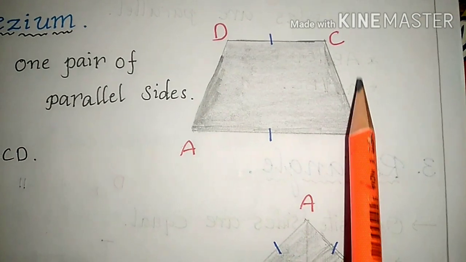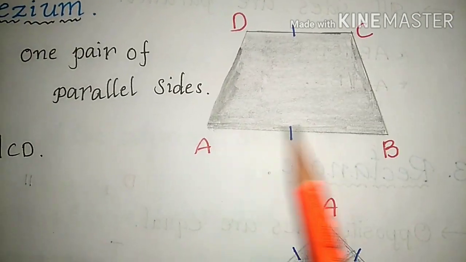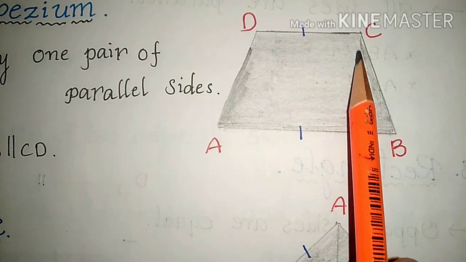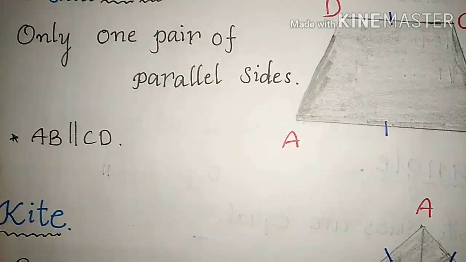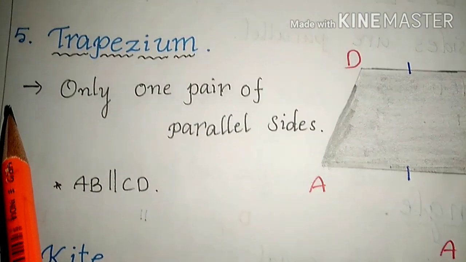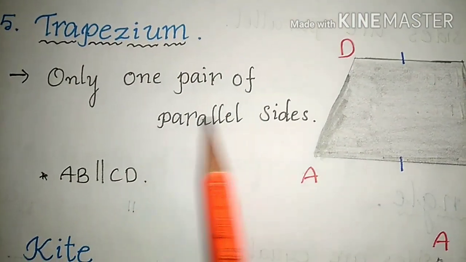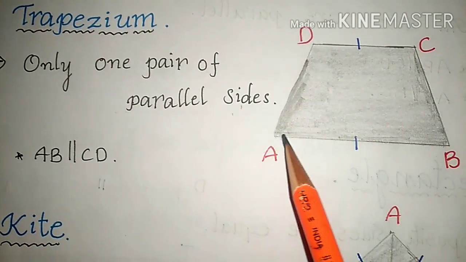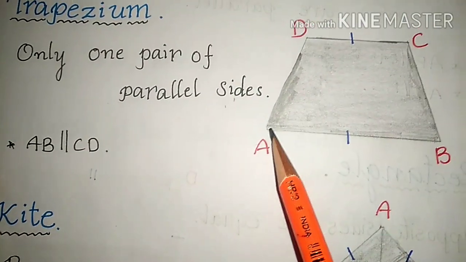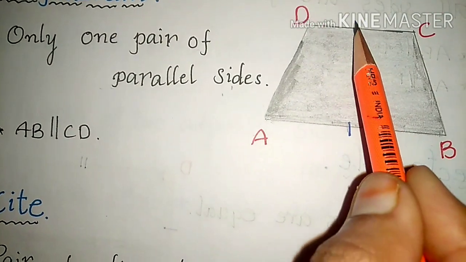AB is one side, BC, CD, DA are the 4 sides. What are the properties of a trapezium? Only one pair of parallel sides. For example, observe that only two sides are parallel.